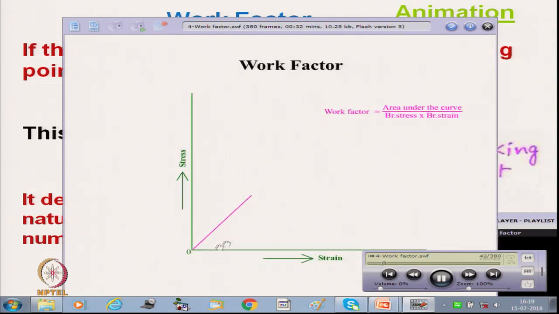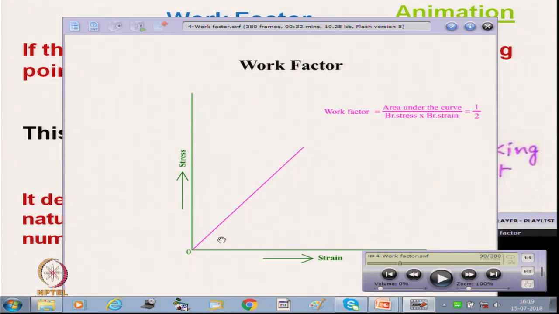Now, this is the ideal curve, where the work factor is nothing but the area under the curve divided by breaking stress and breaking strain. This is the breaking point. So, what is the area under the curve?